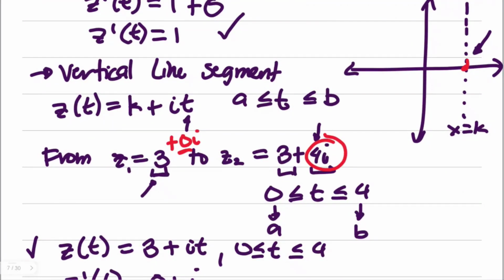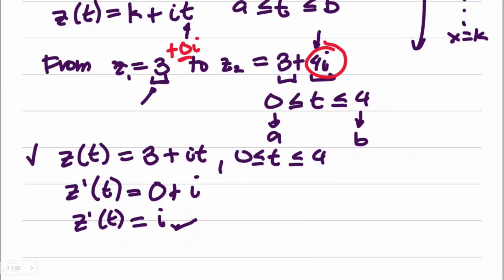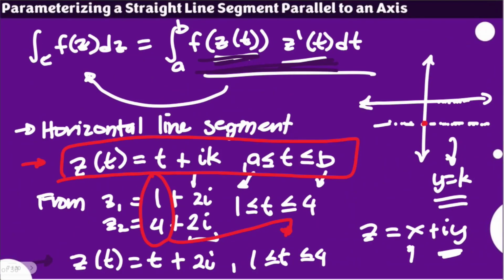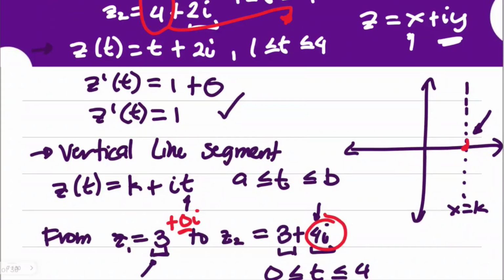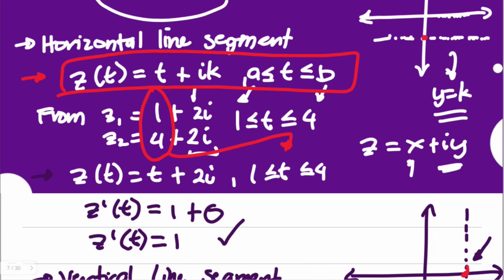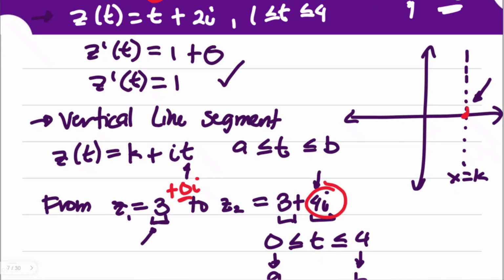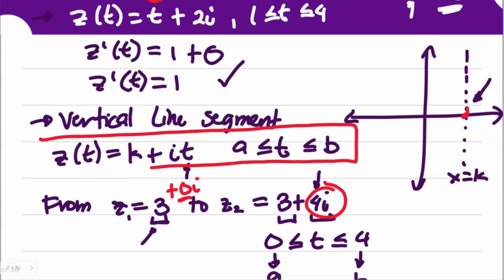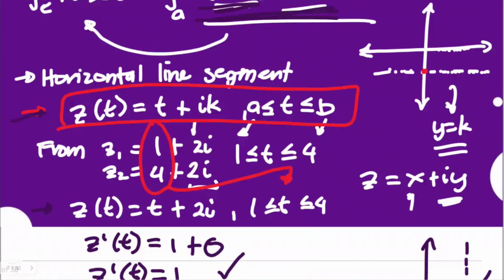We will have also other examples later on, okay, to illustrate them. But obviously, this is how it works. For the horizontal line, it's in this form, this one here. And for the vertical line, it's in this form as well. The identification of a and b differs from one another because for the horizontal line, your a and b is the change in your real part.